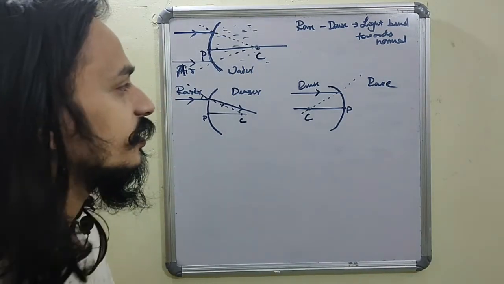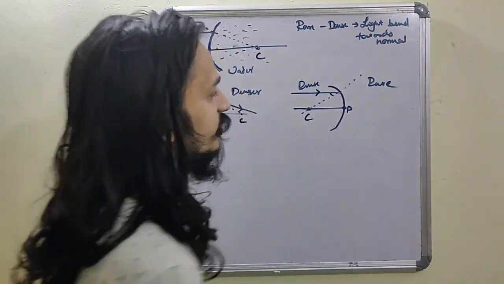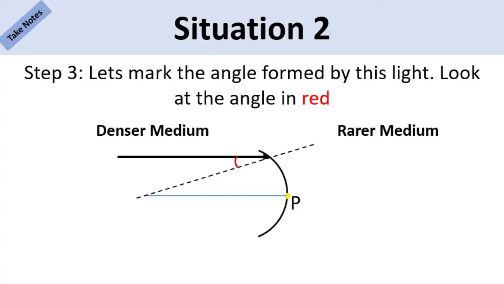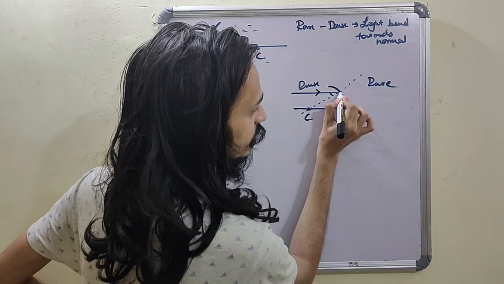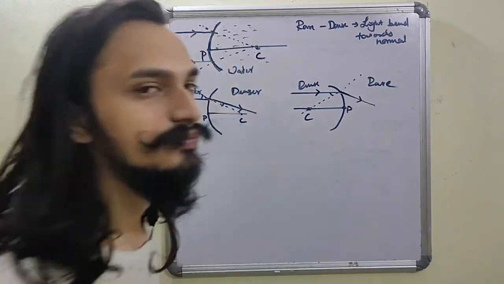It should bend a little away from the normal. So this angle, whatever is there, it is going to increase. So basically it is going to diverge a bit in that direction.